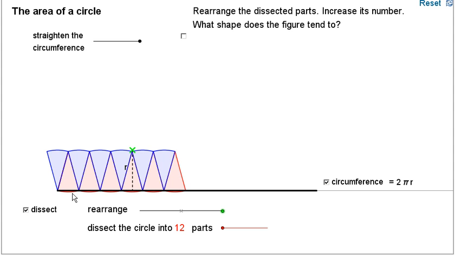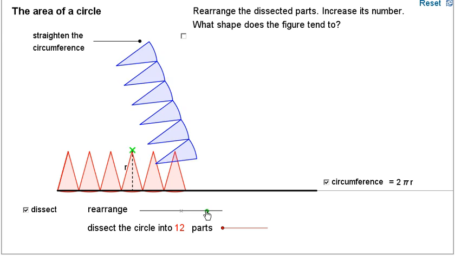So in this case, our base is pi r, and our height is r. And the formula for the area of this circle, which has been decomposed and recomposed into a parallelogram, is pi r squared.